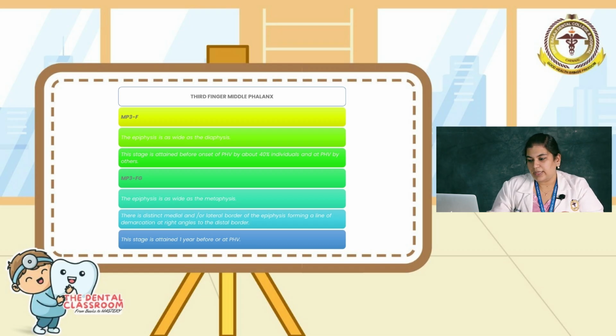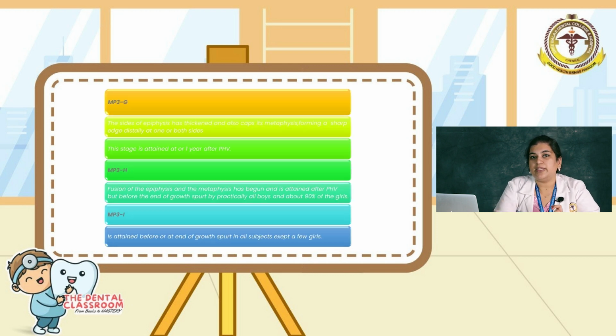Now let me repeat this again with the image. At MP3FG, you have a distinct right angle demarcation of your epiphysis. This is where the epiphysis is going to grow and start capping your diaphysis. This particular FG stage corresponds to a year before your peak height velocity.